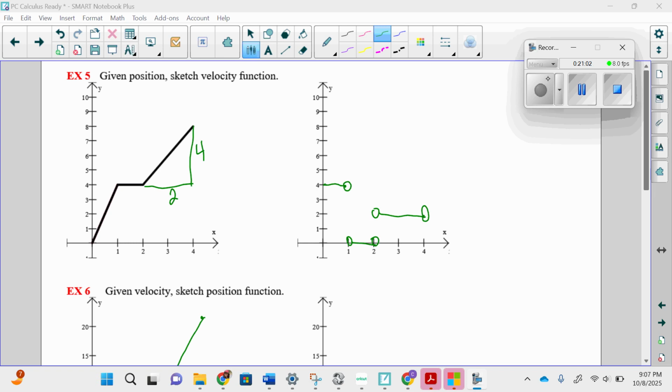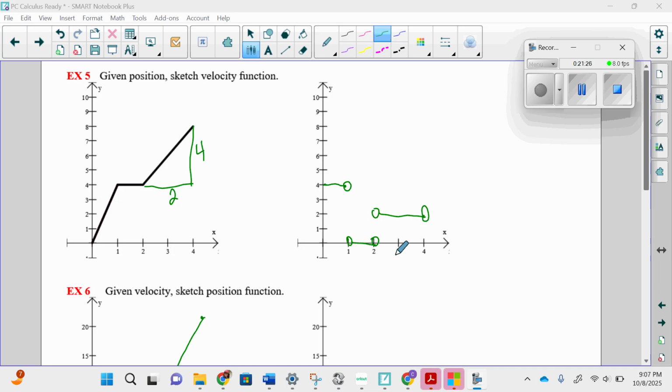All right, let's check our answers. Example 5, between the interval of 0 and 1, our slope is 4. So we have that constant rate of change of 4, so we have a horizontal line at y equals 4. Between the interval of 1 to 2, we have a constant, so the rate of change is 0.